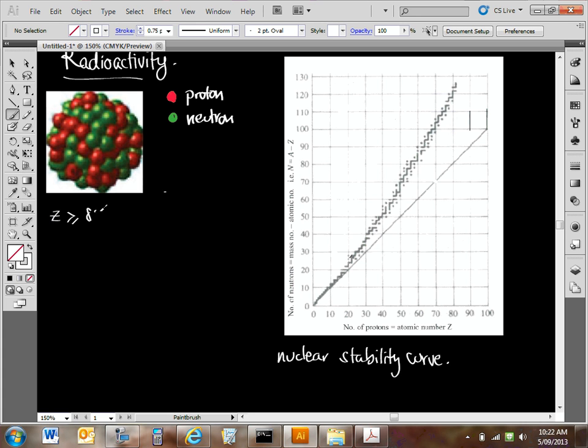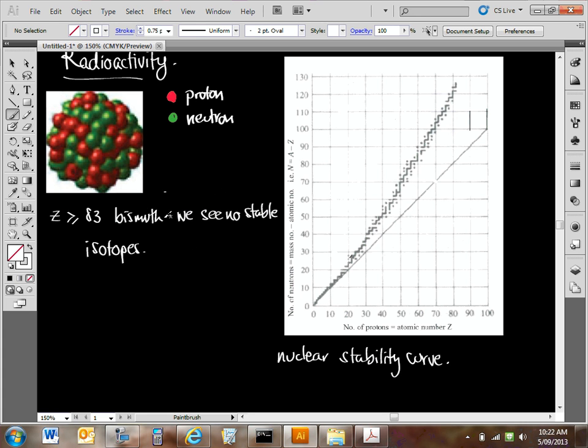Z greater than or equal to 83, which is bismuth. So this is the atomic number. We see no stable isotopes. What does that mean?